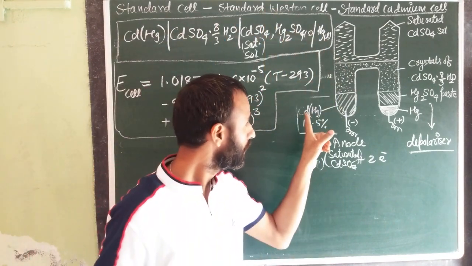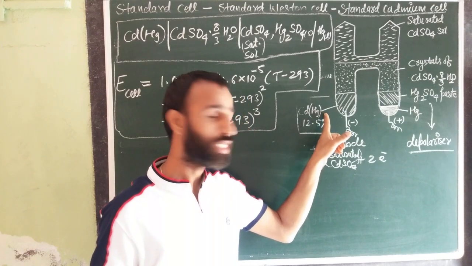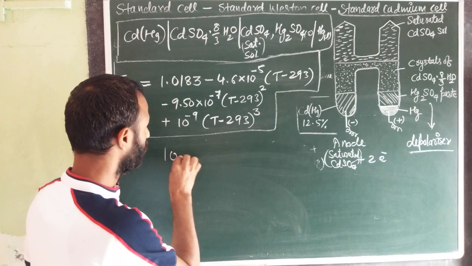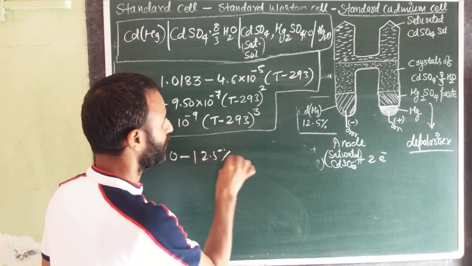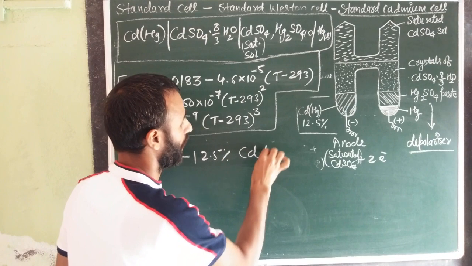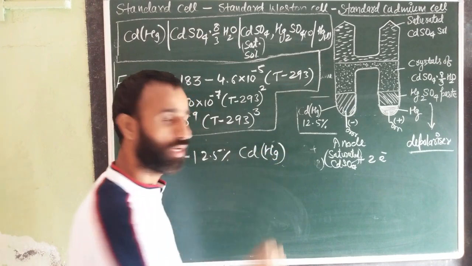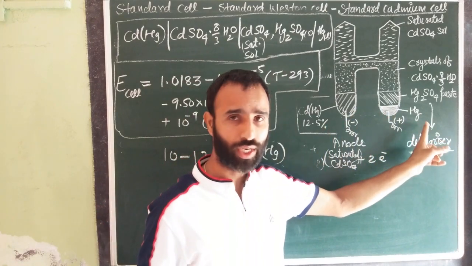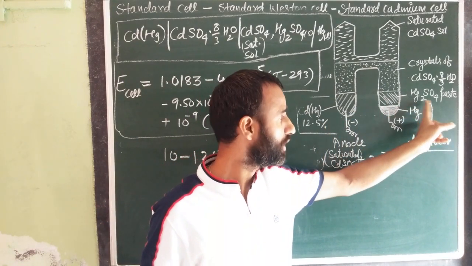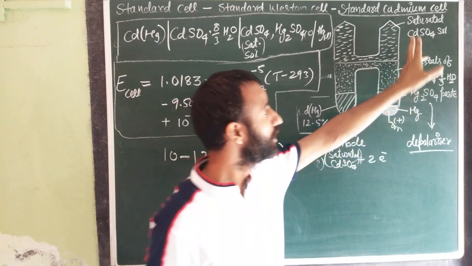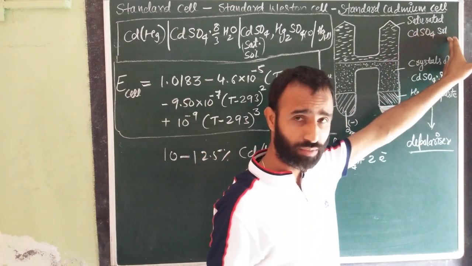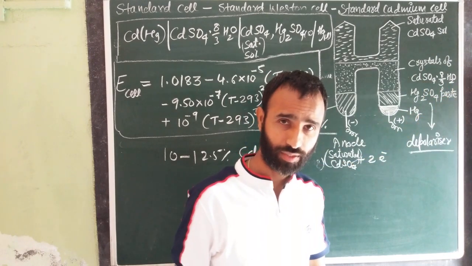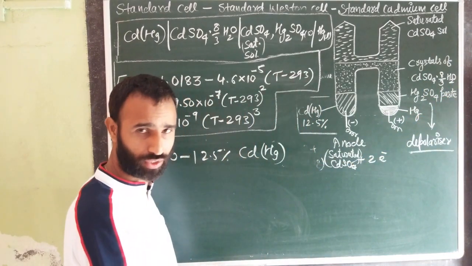So, cadmium amalgam acts as the anode. It is 10 to 12.5% cadmium amalgam of cadmium, and the cathode is mercury covered with a paste of mercurous sulfate. The electrolyte is cadmium sulfate solution saturated with crystals of hydrated cadmium sulfate, right? And the reaction we have written.